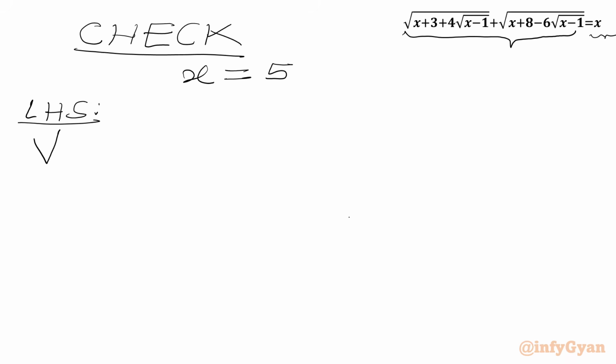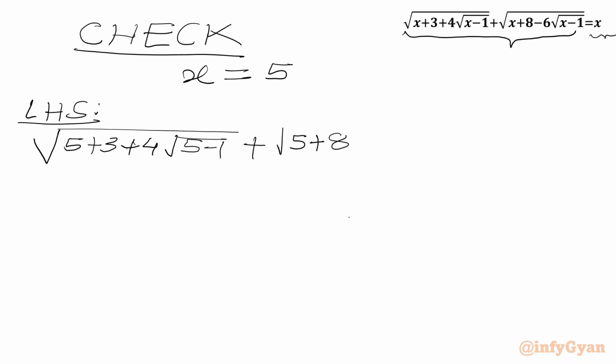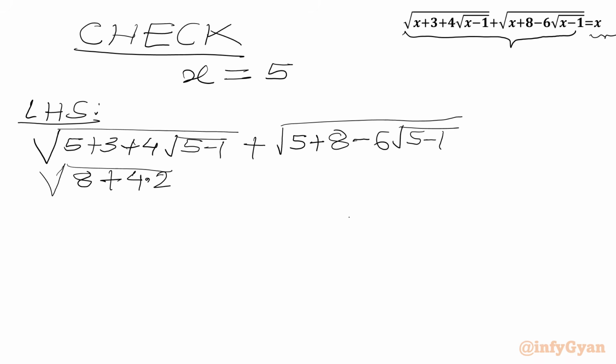We'll write here square root of 5 plus 3 plus 4 times square root of 5 minus 1, plus square root of 5 plus 8 minus 6 times square root of 5 minus 1, which will be equal to square root of 8 plus 4 times square root of 4, I will be writing here too, plus square root of 13 minus 6 times square root of 4, I am writing here too.